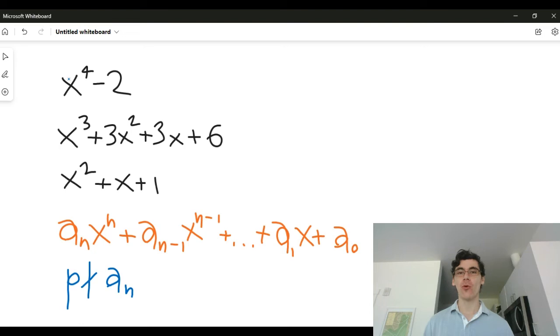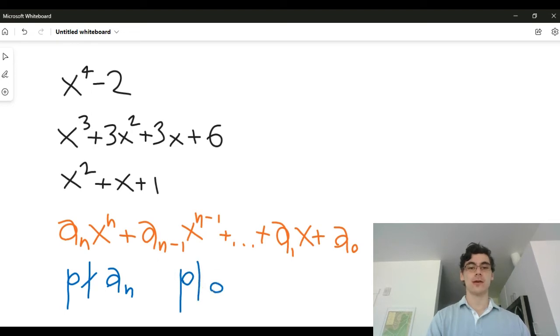But in general, with a polynomial, you would have to worry about this. So we assume that p does not divide a_n. We assume that p does divide all of the other coefficients. So we assume that it divides a_{n-1} all the way through a_0.